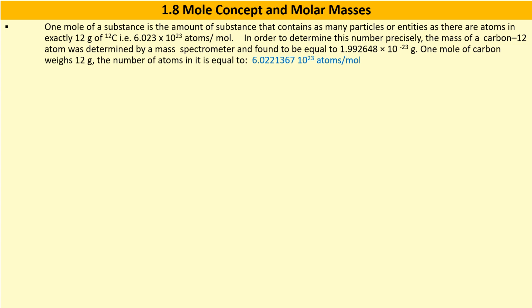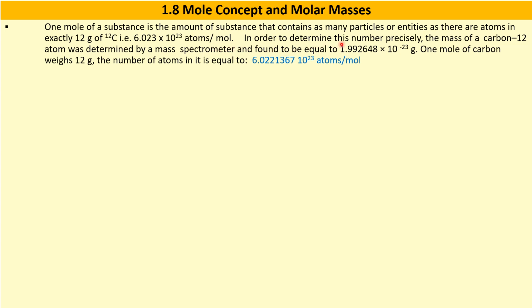1 mole of a substance is the amount of substance that contains as many particles or entities as there are atoms in exactly 12 grams of carbon-12, that is 6.023 × 10^23 atoms per mole.